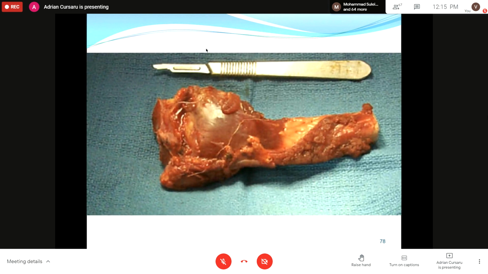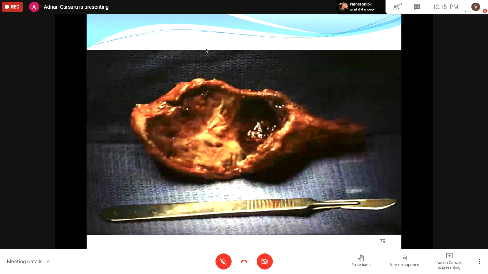You can see here we have soft tissue invasion, and it is very important to make that diagnosis, because that giant cell tumor is transforming into the aggressive one, and we have to make a radical surgical intervention.